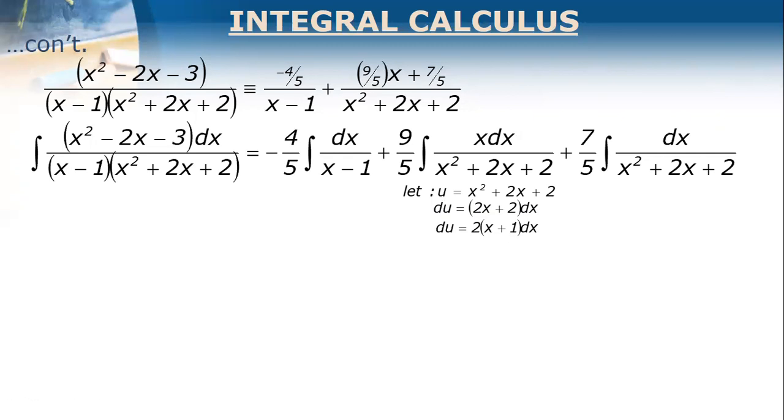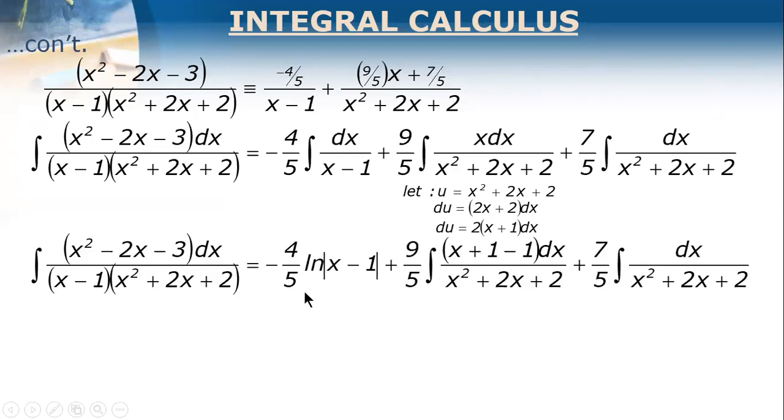So let's modify this. From x, we can modify it to x plus 1 minus 1. The purpose is so that we will have the x plus 1. Anyway, x plus 1 minus 1 is simply x. So like this: x plus 1 minus 1.